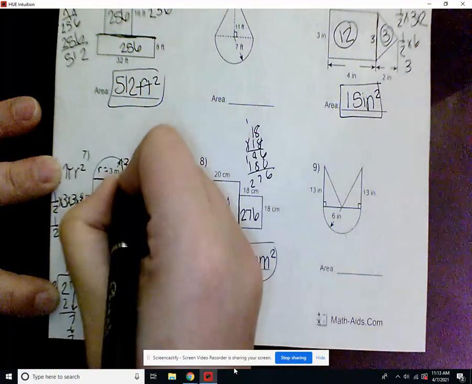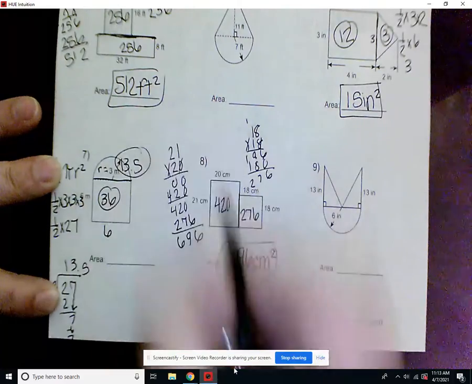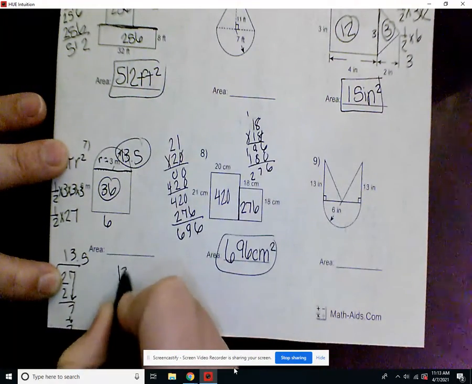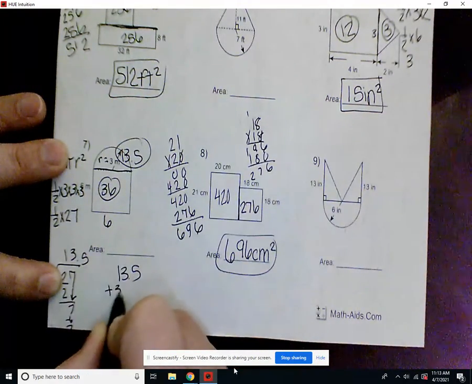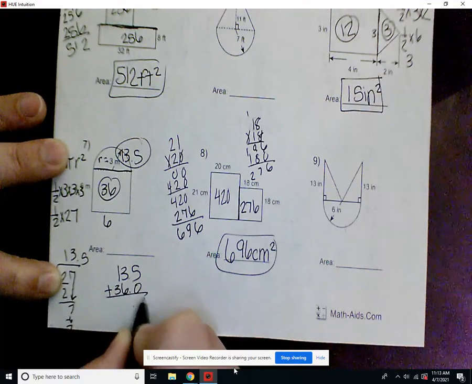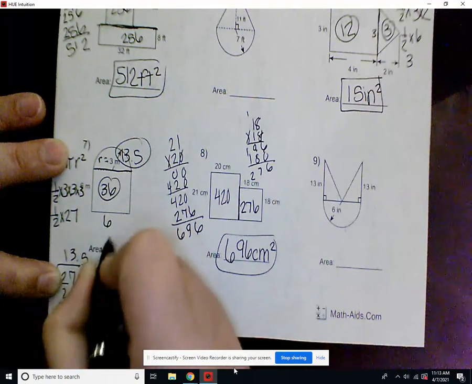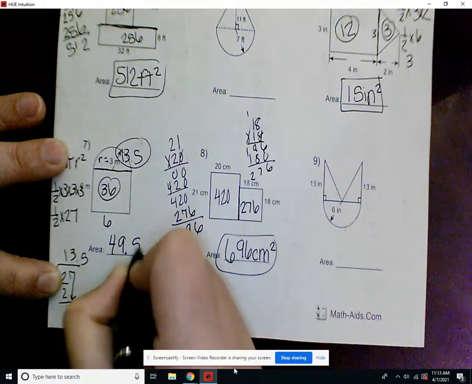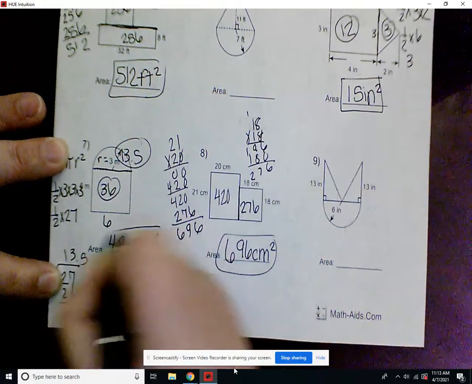We get 13.5. And then we're going to add our two numbers up: 13.5 plus 36. And we get 49.5 meters squared.